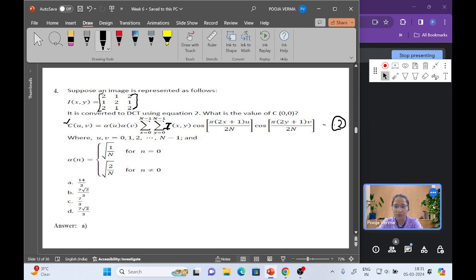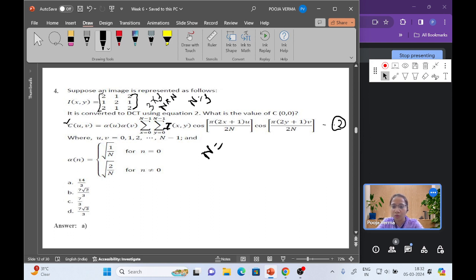Okay, so let's solve this question. How can we solve it? First see what n is. The matrix is a 3 cross 3 matrix, right? So it is n cross n, so n is 3.